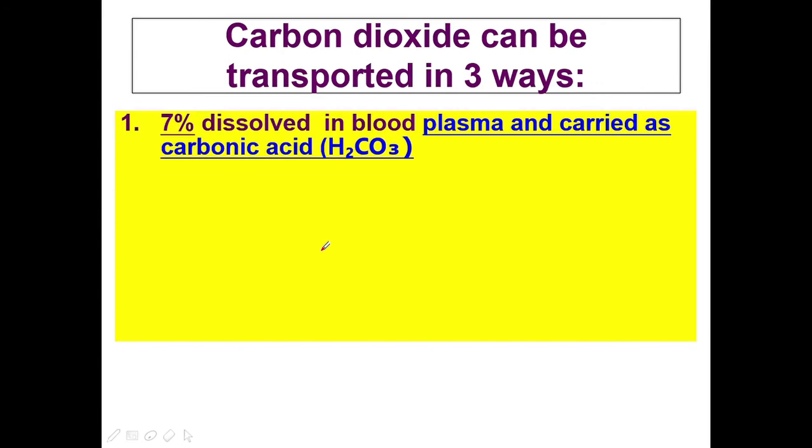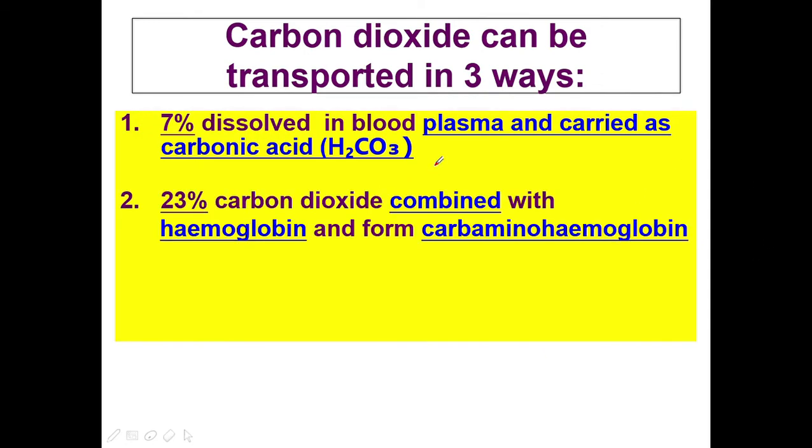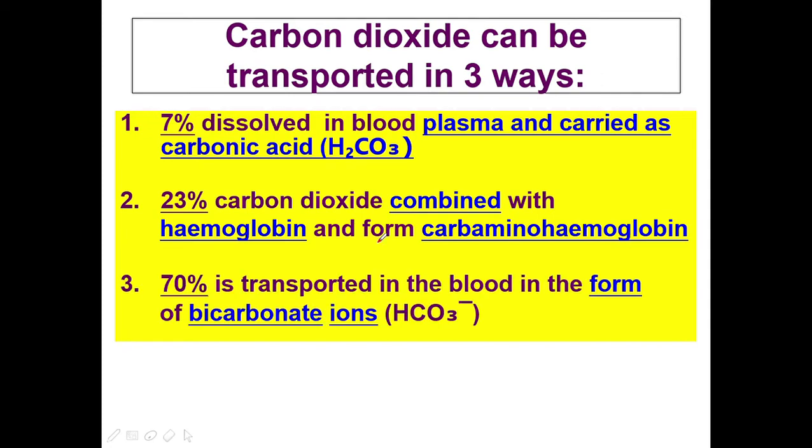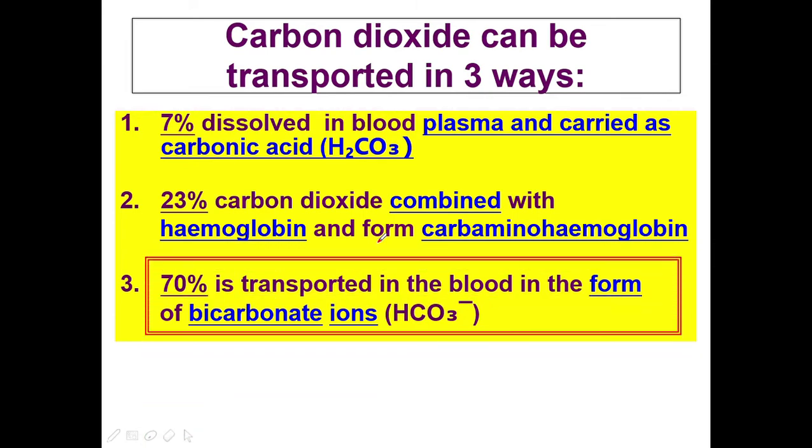And that is 7% dissolved in blood plasma and carried as carbonic acid. 23% of carbon dioxide combines with the hemoglobin to form carbaminohemoglobin. And 70% of the carbon dioxide is transported in the blood in the form of bicarbonate ions. So we will look into this further.